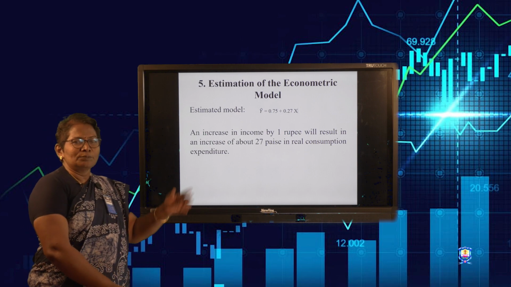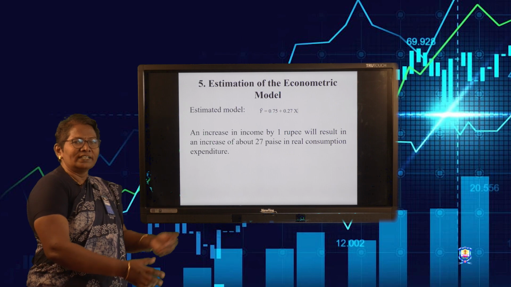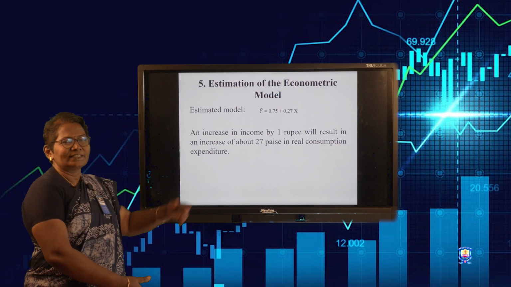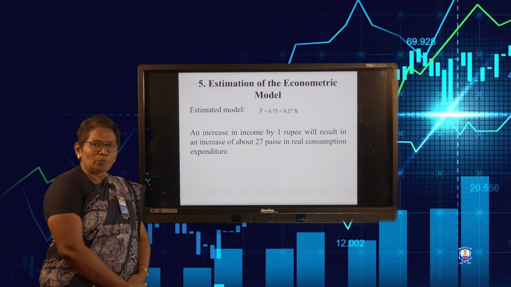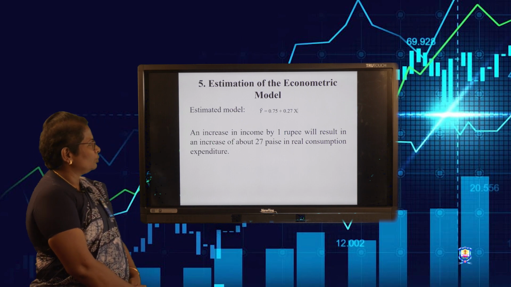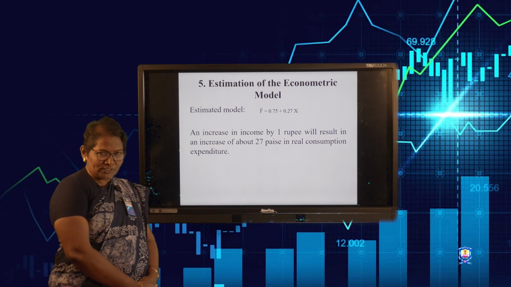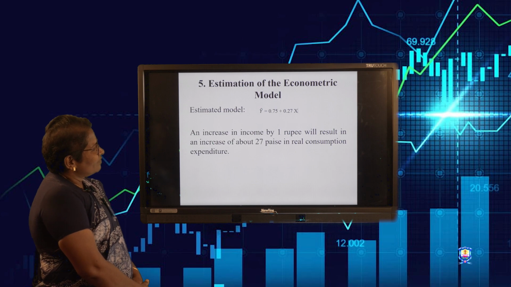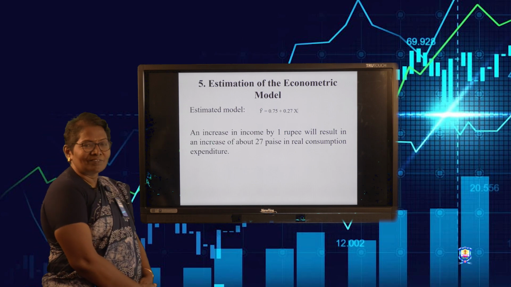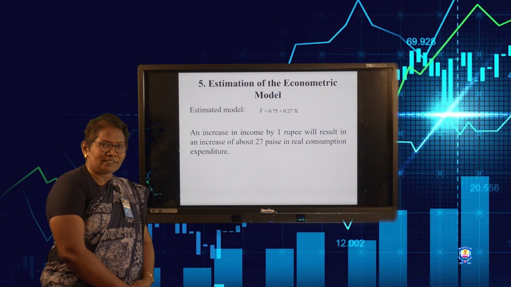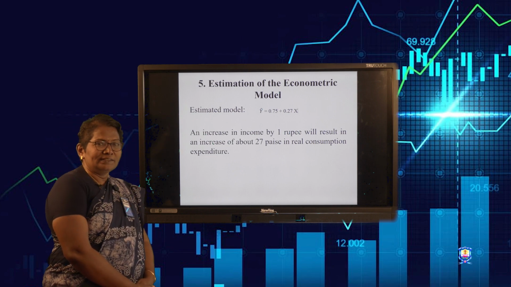Now this model has been estimated with the ordinary least square method, and here are the estimated results of the model: y cap is equal to 0.75 plus 0.27x, which denotes that 0.75 is the intercept coefficient, and 0.27 is the slope parameter, that is MPC.